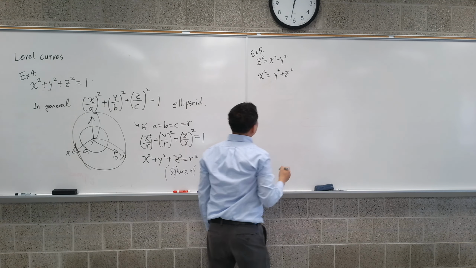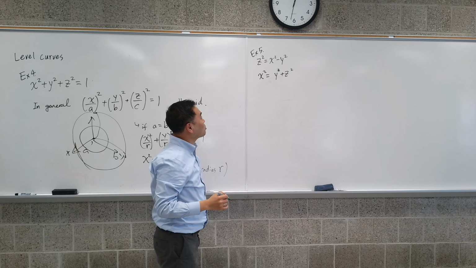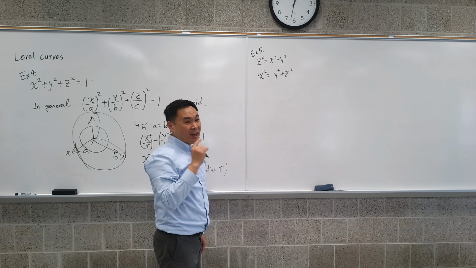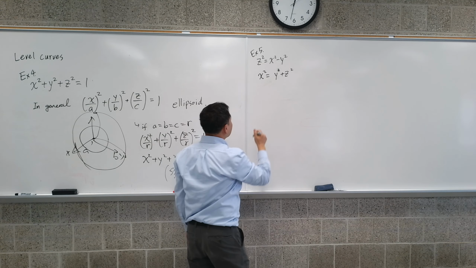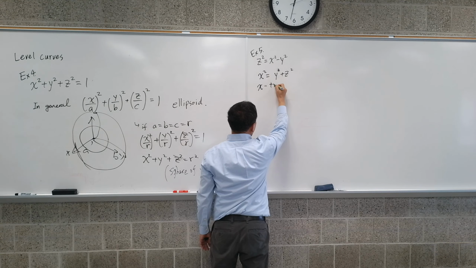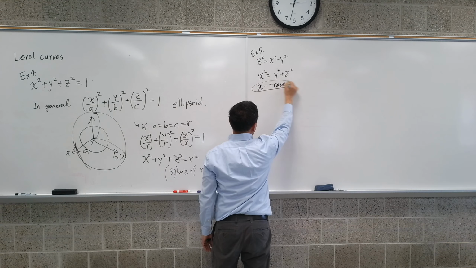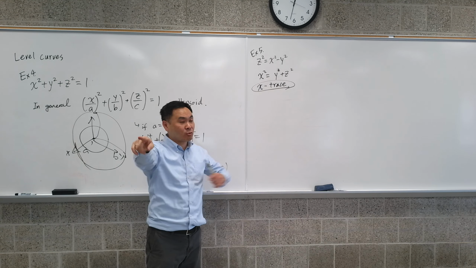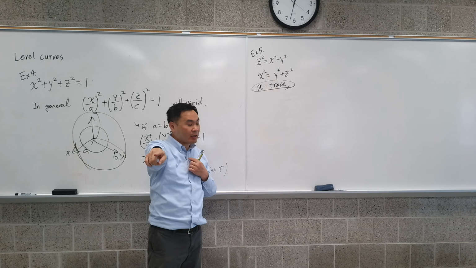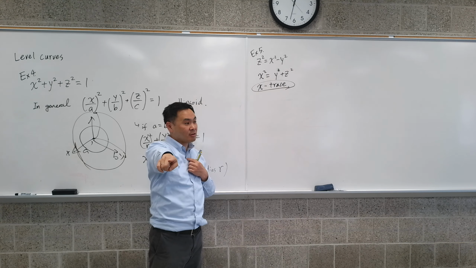Okay. So for this one, I'm going to draw the graph with various values of x rather than z. And in such a case, we call that x trace. Here's x, y, and z, and here's the x direction axis.